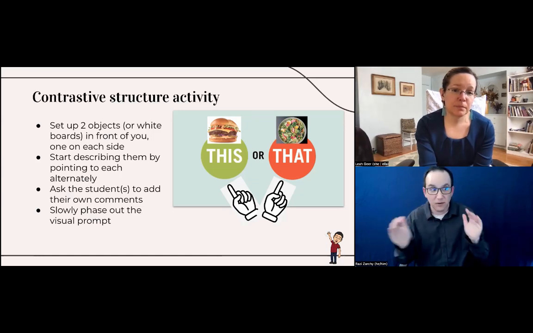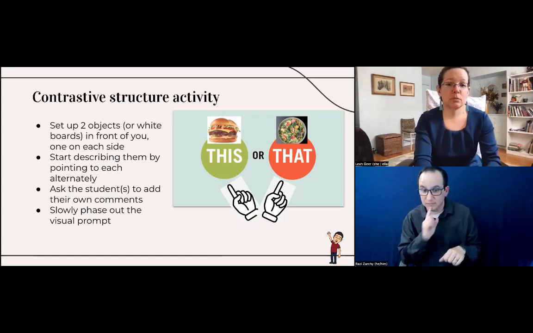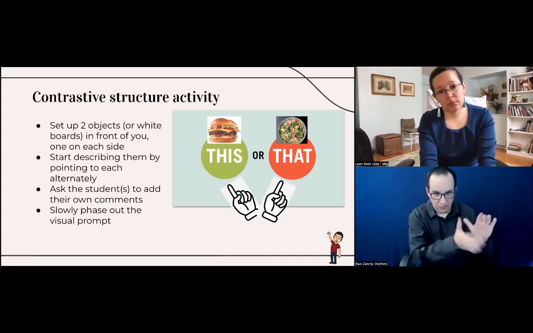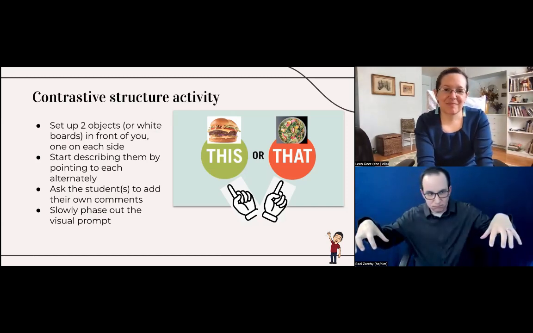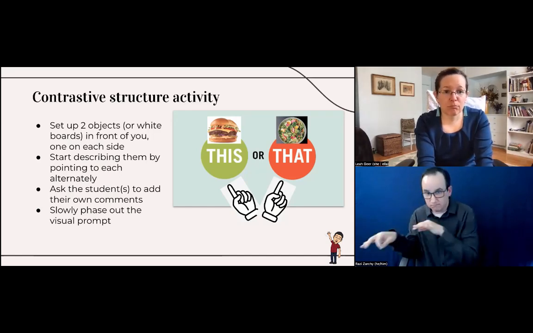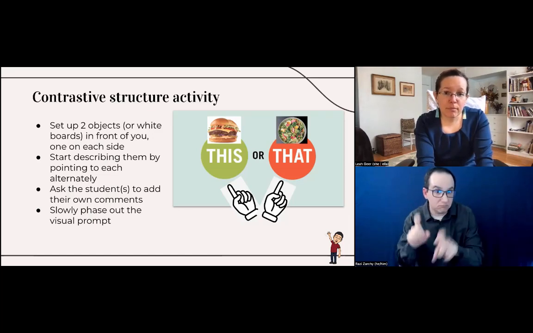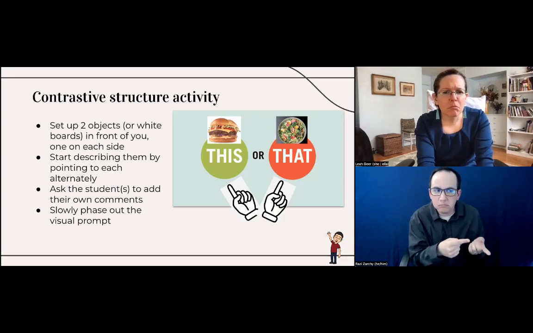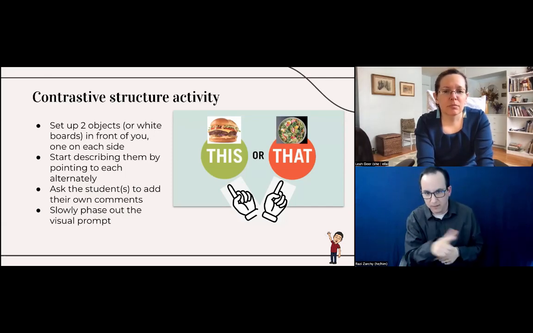For example, if you want to compare a hamburger to a salad, I could actually set up a hamburger or a toy hamburger if we had one, and a salad physically in front of them, and start the conversation by pointing to those objects. Maybe we could ask the students some questions about this object over here. How big is it? What does it taste like? What does it look like? And going back and forth between these 2 objects.